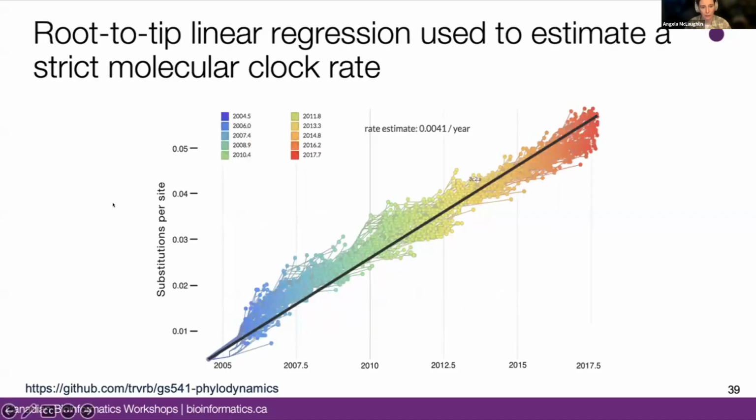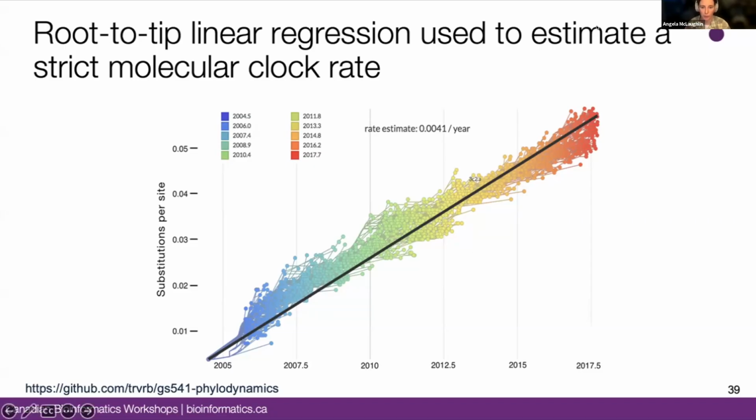And if we look at the rate at which these sequences are evolving, this is typified by the root to tip regression, the RTT plot, where on the x-axis we have time, and on the y-axis we have substitutions per site, so those were our units from the prior tree.